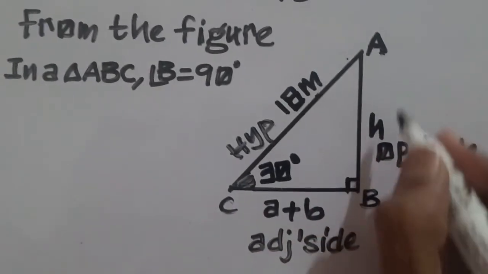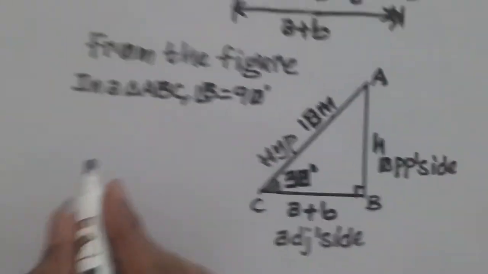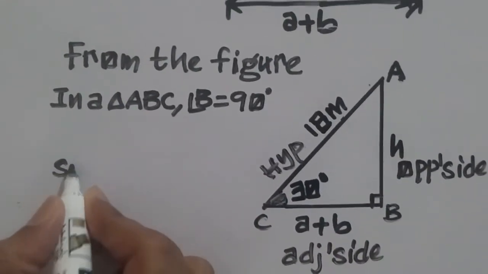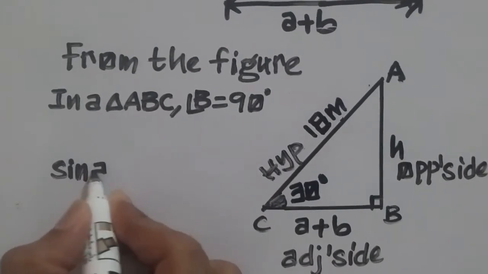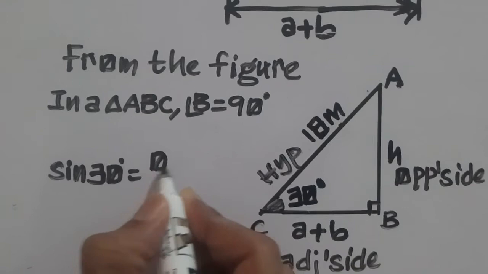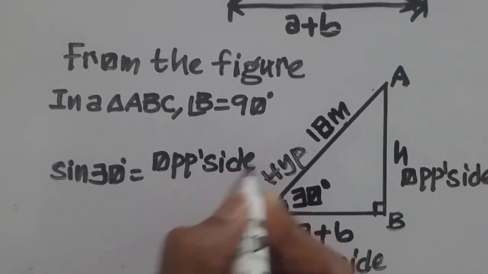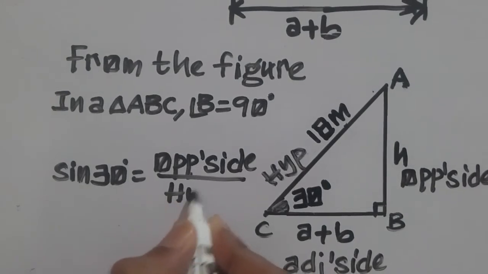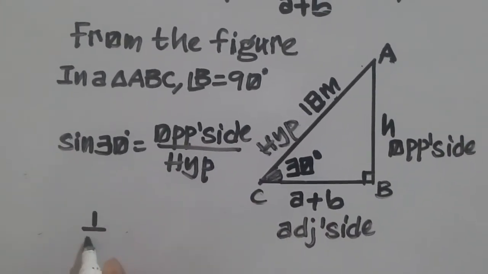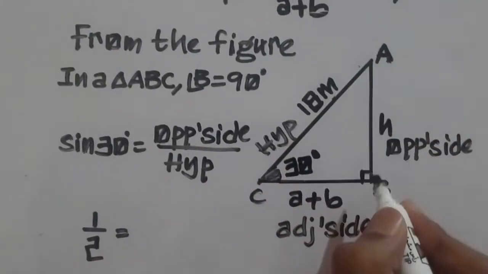Why? Because we want the opposite side, therefore opposite side to theta by hypotenuse. Sin 30 degrees is equal to opposite side by hypotenuse. Here sin 30 is equal to 1 by 2, where the opposite side is equal to AB.